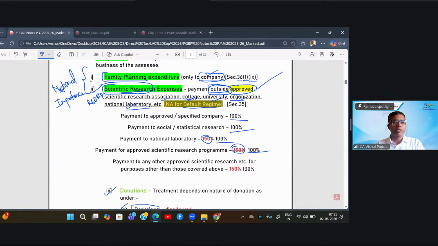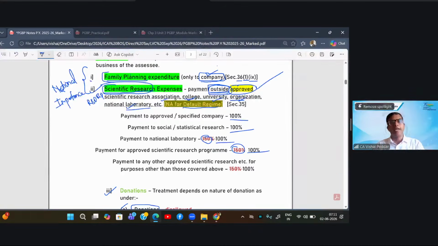Now, important point is the R&D that they are doing is not related to your business. Like Bhabha Atomic Research Center or ISRO, these are engaged into a particular type of R&D and your business has no connection with that field.